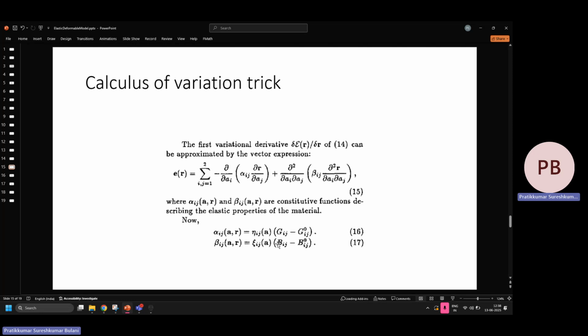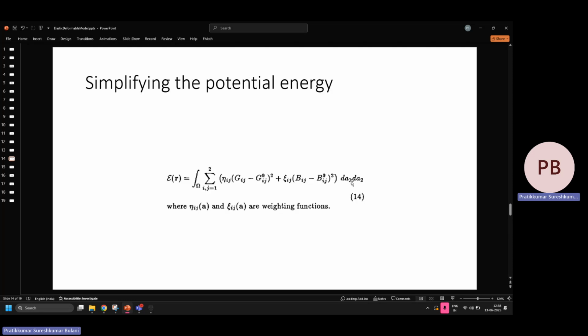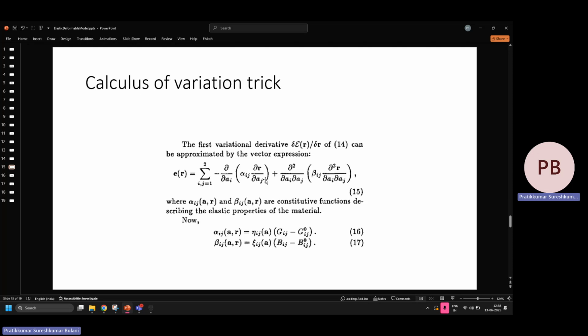For over here I'll tell you what's happening. The integration variable is dA1 and dA2, so A1 and A2, and then we are taking the derivative with respect to R, which itself is a function of A1 and A2.